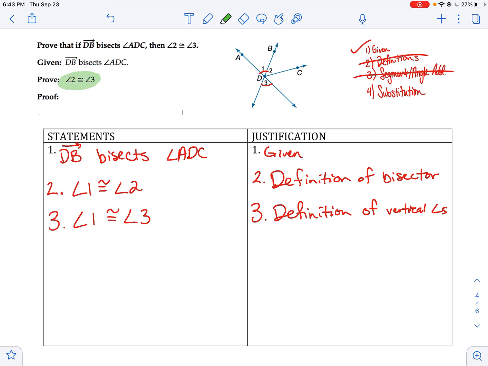What do I really want? I want to show that 2 and 3 are congruent. Can I show that 2 and 3 are congruent just from this? Well, I can, because if 1 is equal to 2 and 1 is also equal to 3, then angle 2 must be congruent to angle 3 by our old friend, the transitive property.